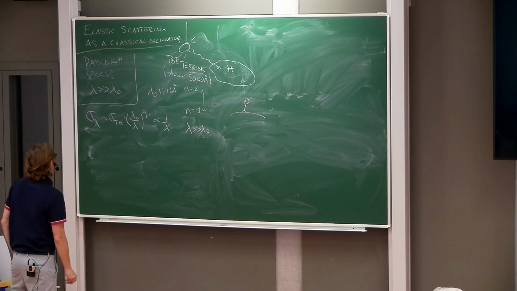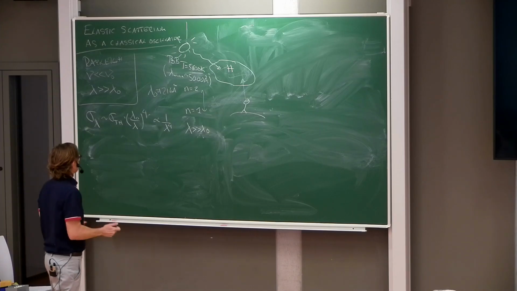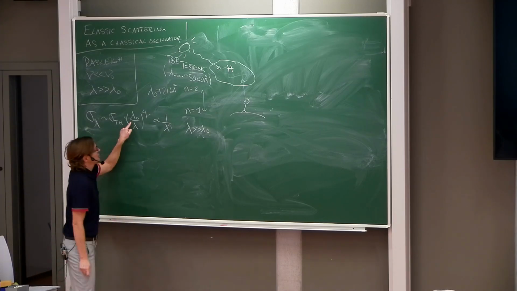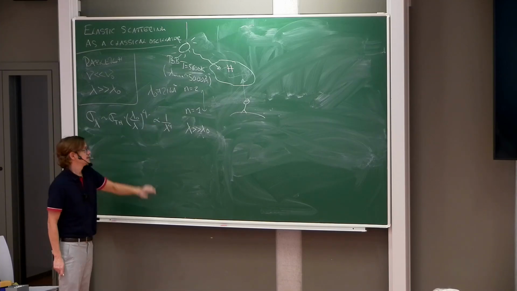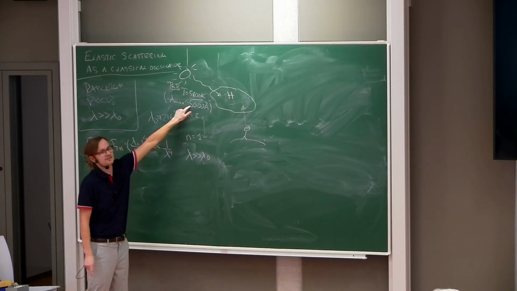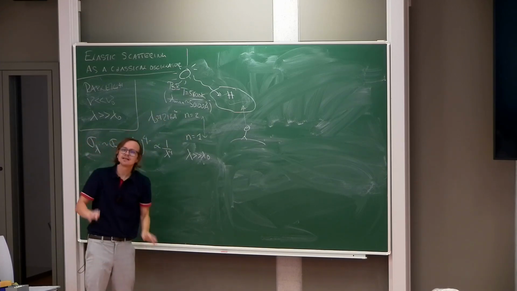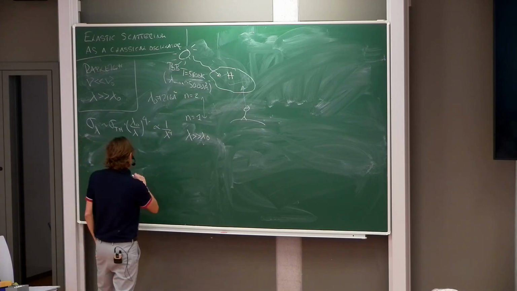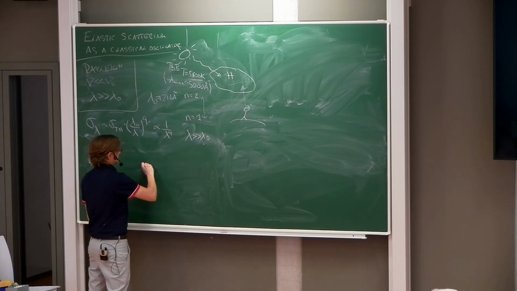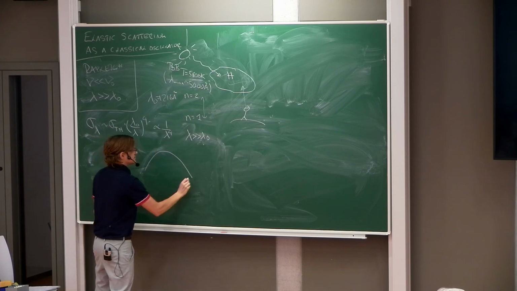Well, we know that Rayleigh scattering is more efficient the shorter the wavelength, right? Now, the peak wavelength here is at 5,000 angstrom. But since this is a black body, it doesn't only emit at 5,000 angstrom. From earlier in the course, it emits a little bit there, then it goes up, and then it goes down again.